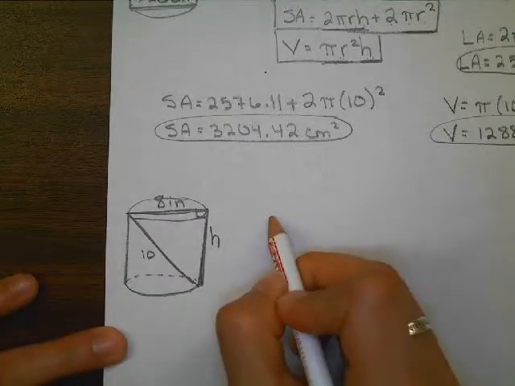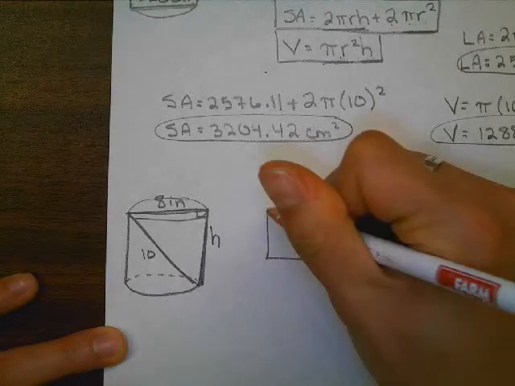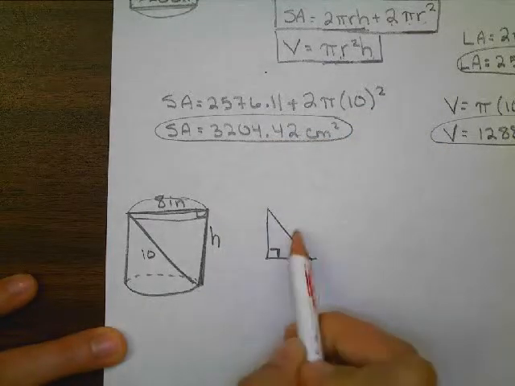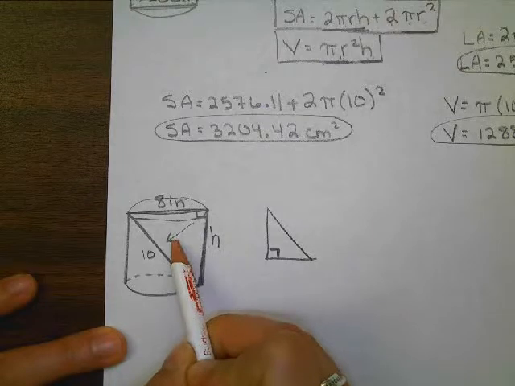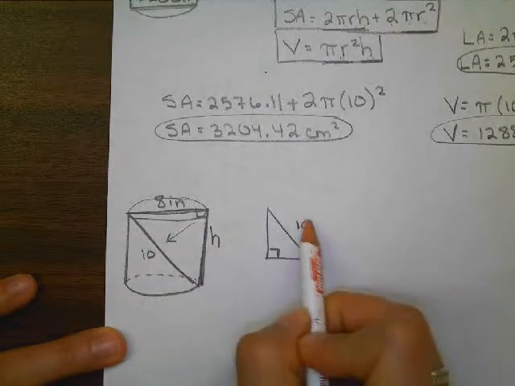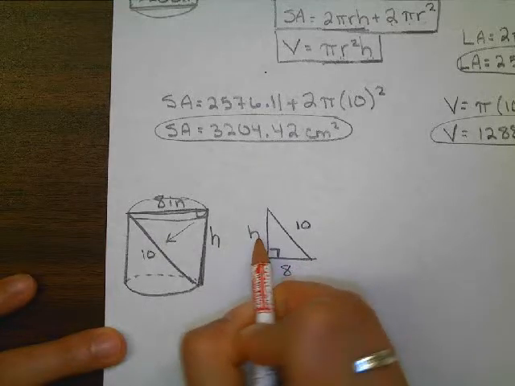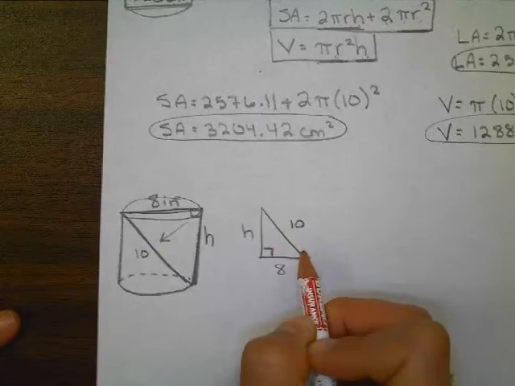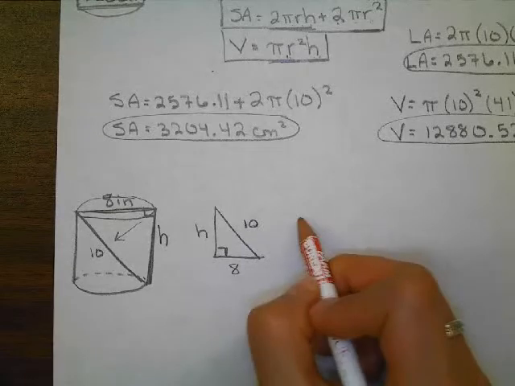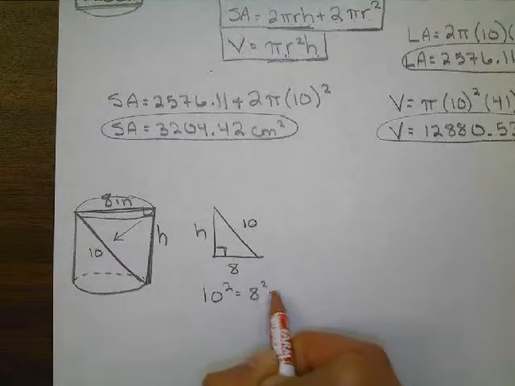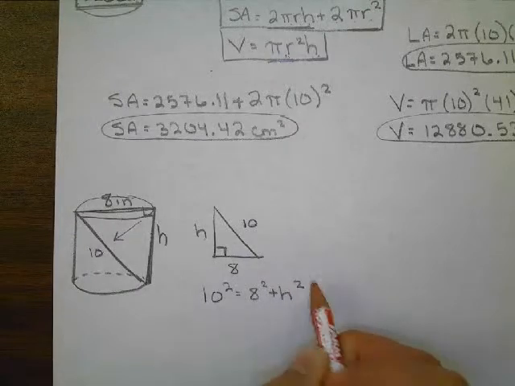To find this third side, we have a right triangle, so we can use the Pythagorean theorem. I know that my hypotenuse is 10, because it's always across from the 90 degree angle. So this is 10, and one of my legs is 8. The height is going to be on this side over here. So when I set up the Pythagorean theorem, I will have 10 squared equals 8 squared plus h squared.